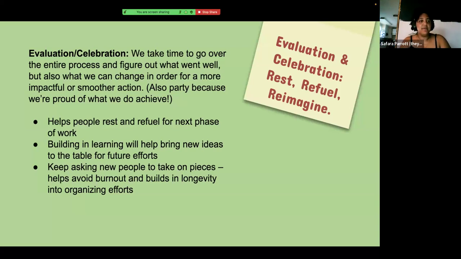So the whole process helps people decompress and debrief from the action or campaign, event, whatever. It helps you learn and bring new ideas to the table for future things. And it also allows you to sit in community. So that rest and refuel, celebratory part of it is a comeback to community, because when you're campaigning and organizing, it's exhausting.